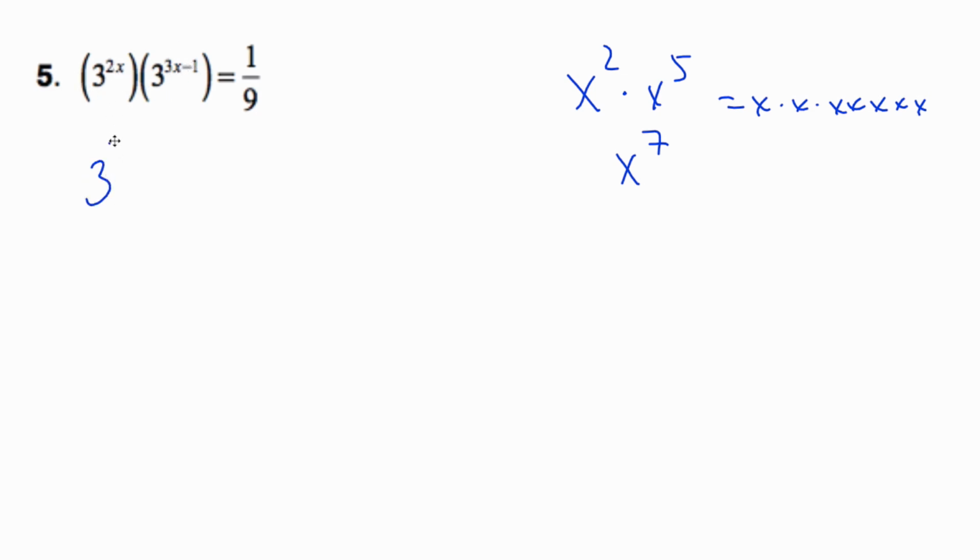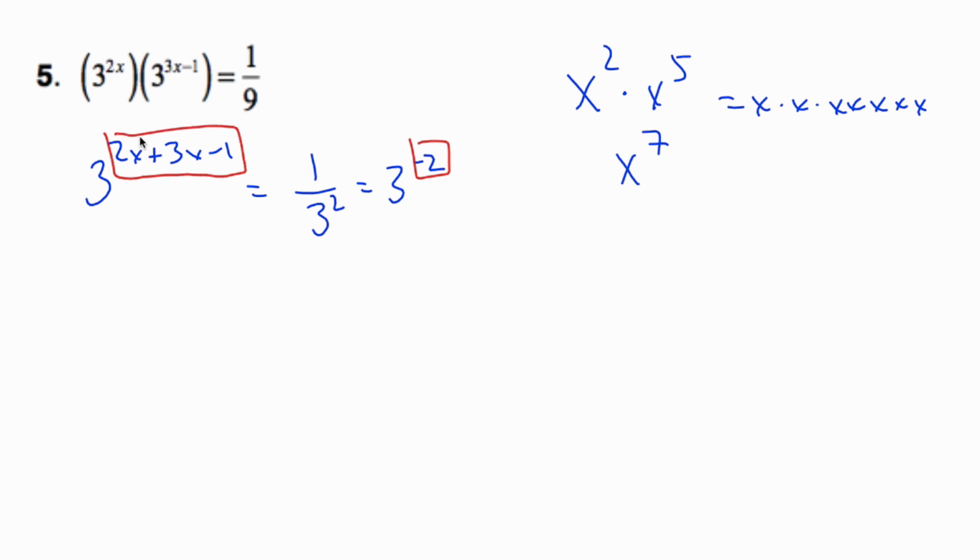So it's 3 to the 2x plus 3x minus 1 equals, well, 1 over 9, I know is 3 squared, which I can rewrite as 3 to the minus 2. And so now if I equate this exponent, it must be the same as this mess of exponents.